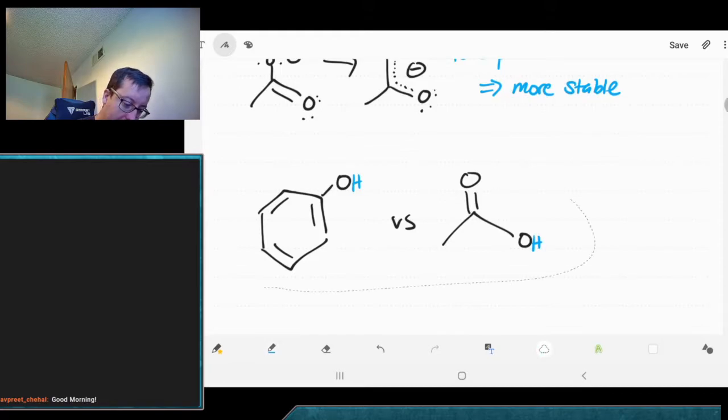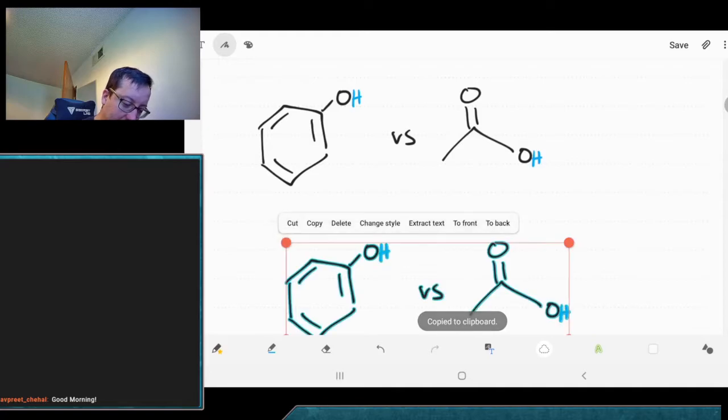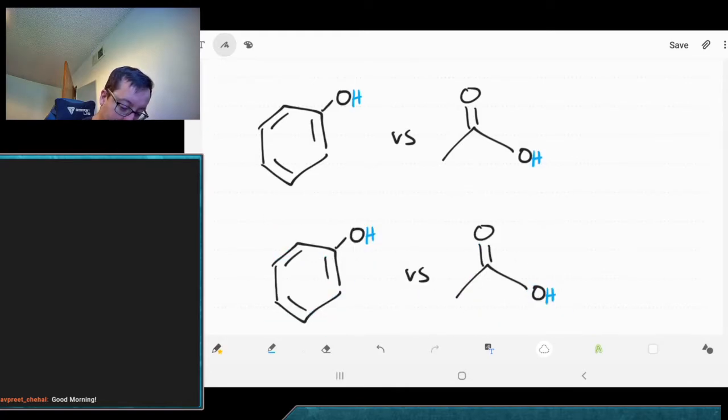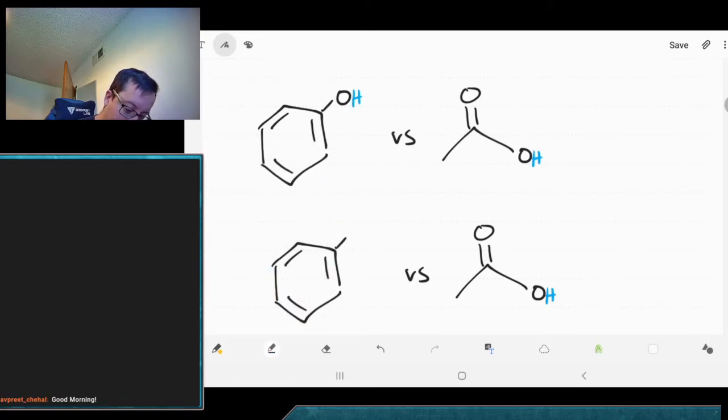Let's go ahead and take a look at their conjugate bases. So remember, conjugate base, we're going to essentially just replace that hydrogen with a lone pair. Oh, we've actually lost our oxygen too. That's not good. Okay. So both of these can resonate, right?